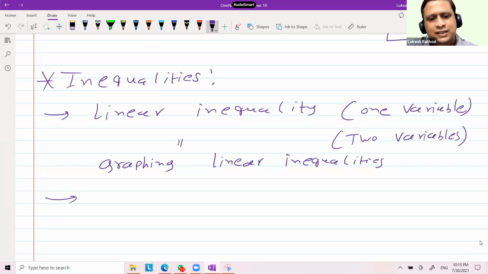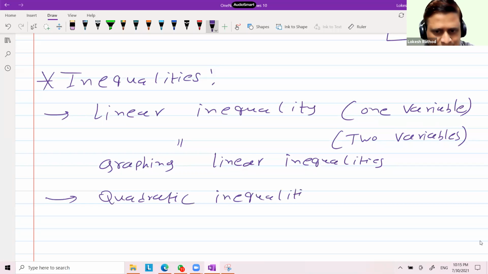And after that, you will be learning quadratic inequality and so on also. That is a modulus function, modulus inequality, right? All these things you will be studying, right?